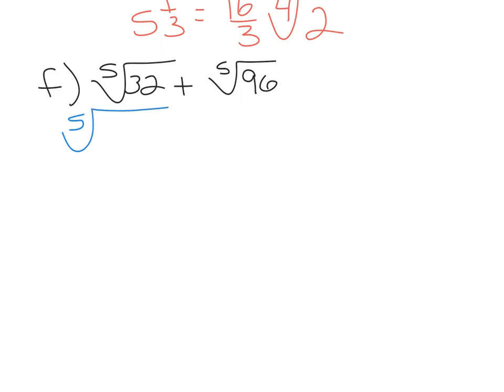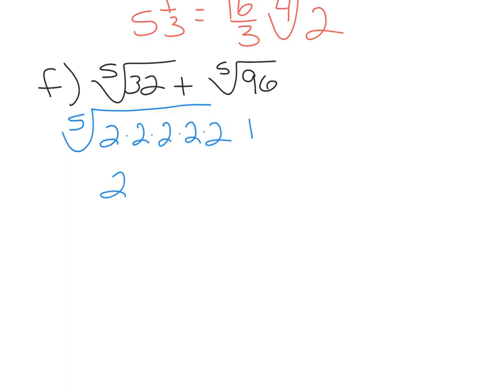I happen to know the prime factors of 32 are actually 5 2's. So you have a group of 5 2's, which comes to the outside and makes just 2. There's nothing left underneath because you used all these 2's to take the fifth root. So this first term simplifies to just 2.